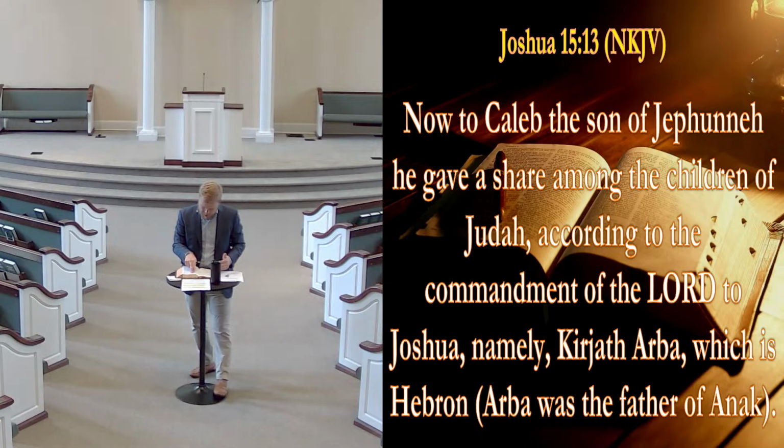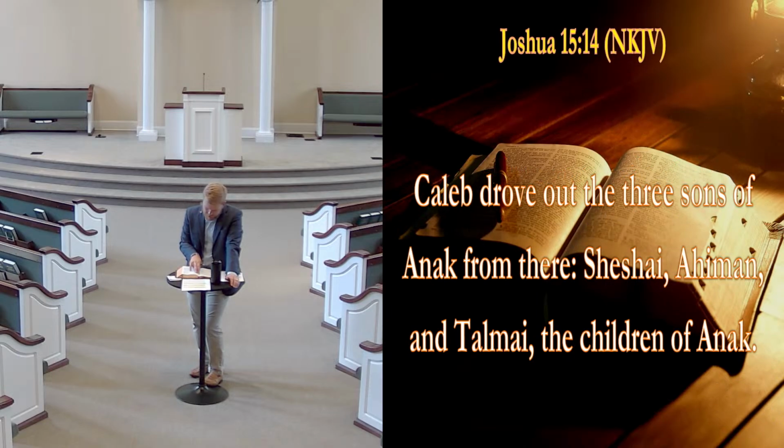Verse 13, according to the commandments of the Lord to Joshua, namely Kirjath Arba, which is Hebron. Arba was the father of Anakim. That's the giants. Verse 14, Caleb drove out the 3 sons of Anak from there. So there you see the 3 sons. Again, just pronouncing them is a little difficult.